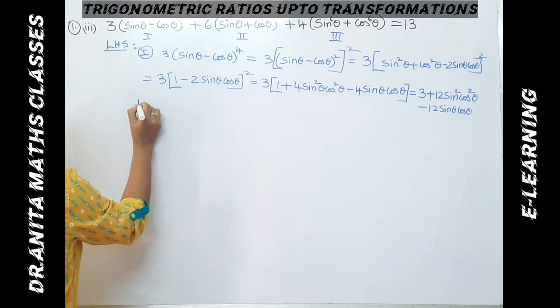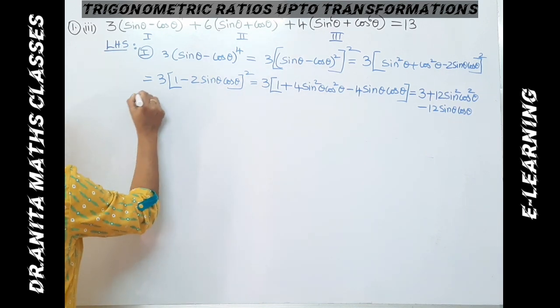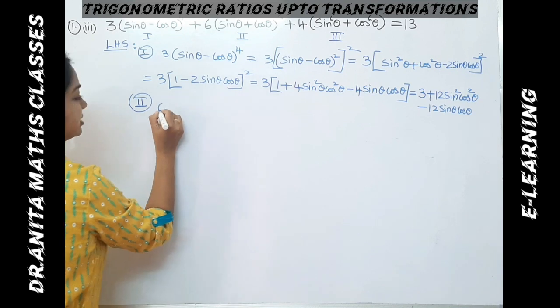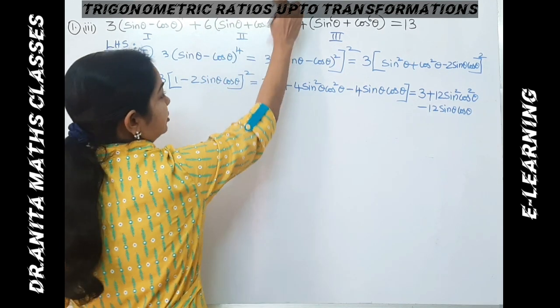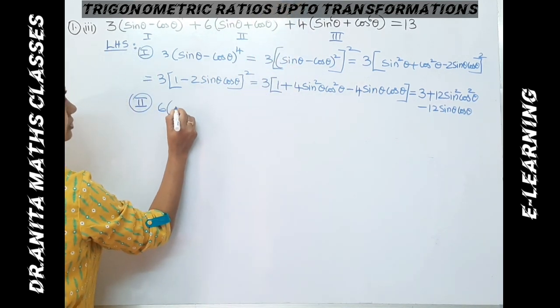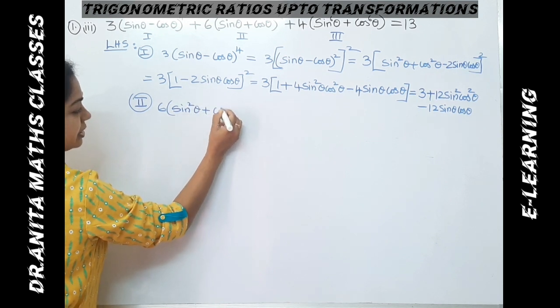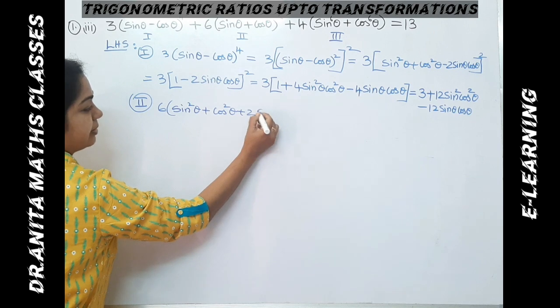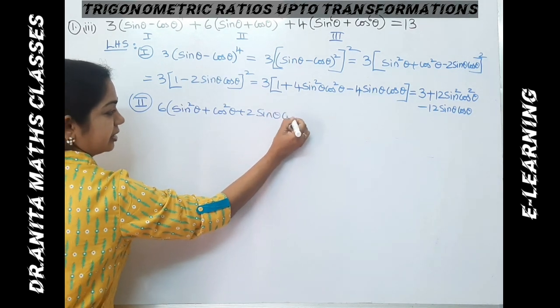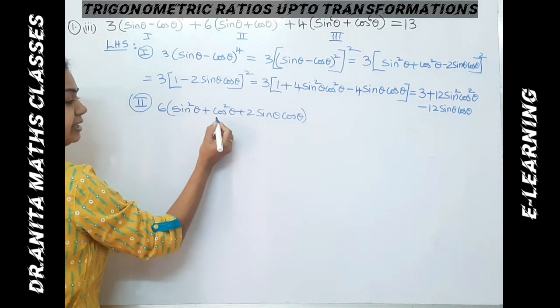Now let us take the second part here. This is simply (a plus b) whole square. So let us expand, that comes to a square plus b square plus 2ab. Let us multiply with 6.